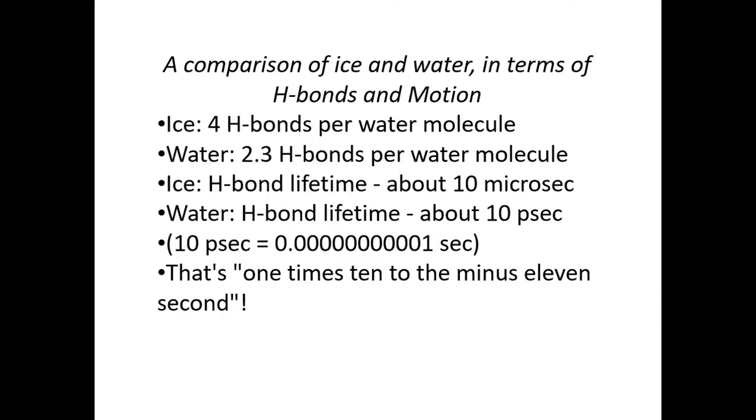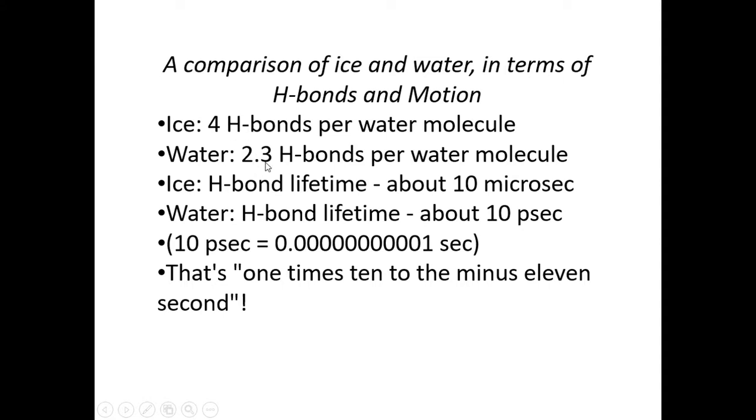So if we compare ice, or the solid form of water, and liquid water in terms of hydrogen bonds and motion, we have 4 hydrogen bonds per water molecule in ice. So this creates an open lattice structure that is very directional and straight.